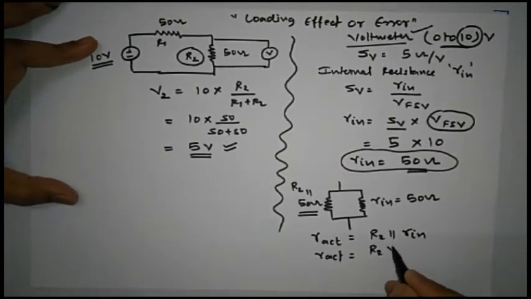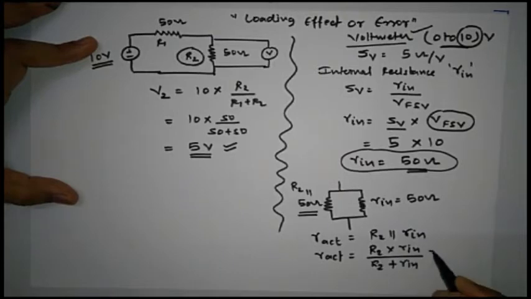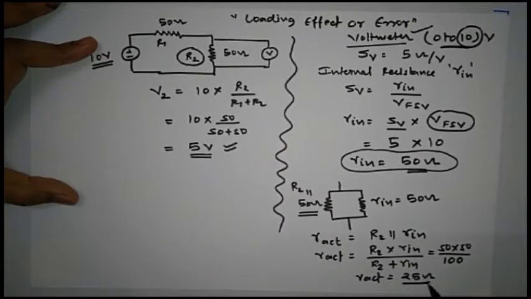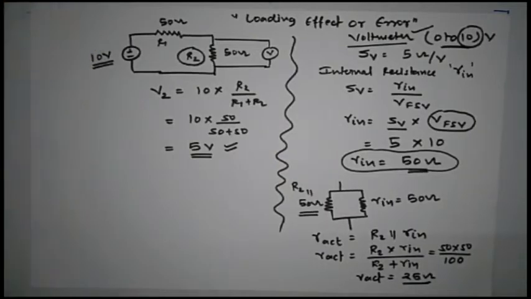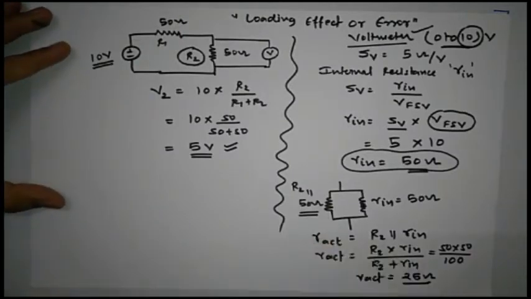So I can write here R2 into Rin whole divided by R2 plus Rin. So it is going to be 50 into 50 divided by 50 plus 50, which is 100. So finally we will get R actual as 25 ohm. That means now the voltmeter will read the voltage across 25 ohm resistor instead of 50 ohm resistor.